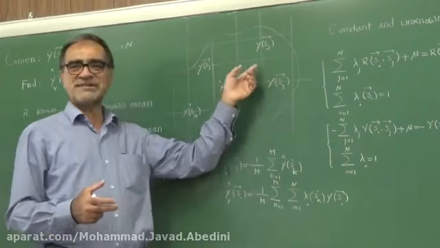Here, my lambda could be qualified by putting block kriging. But these lambda here are not block kriging. These are point kriging.